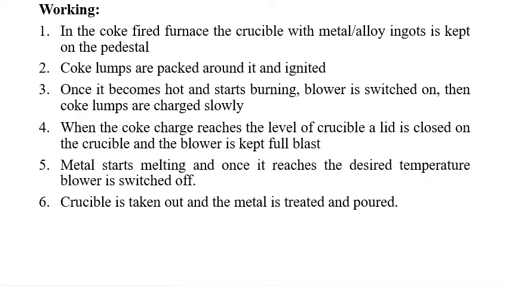Then coke lumps are charged slowly. When the coke charge reaches the level of the crucible, a lid is placed on the crucible and the blower is kept at full blast. Metal starts melting, and once it reaches the desired temperature, the blower is switched off. The crucible is taken out and the metal is treated and poured. These 4 to 5 points you can write.